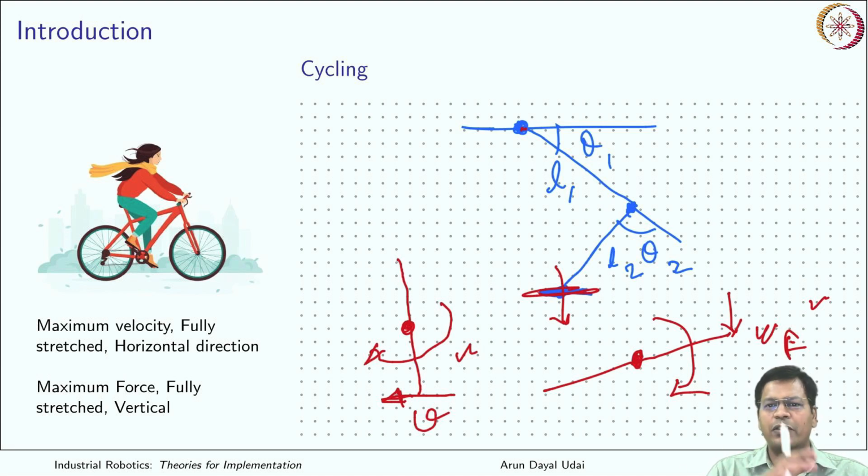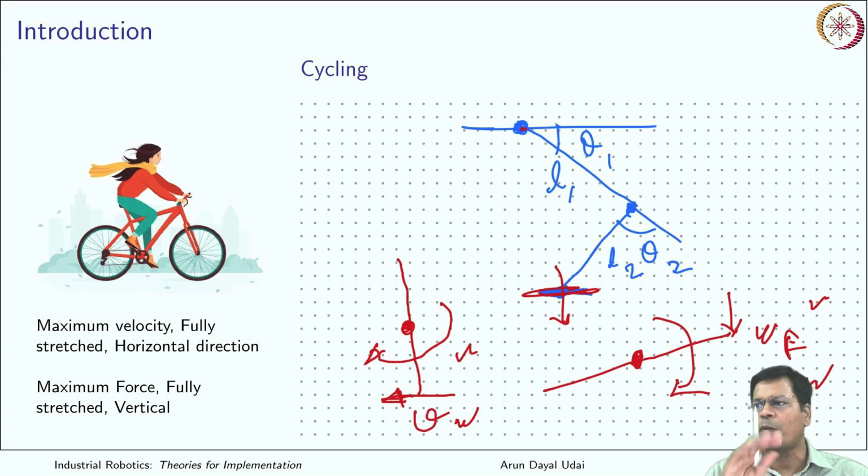So you need to find out an optimum workspace where you should see the velocity which is maximum as well as the force which you can put best. Obviously velocity will be best at a certain location, whereas force will be best at a certain location.